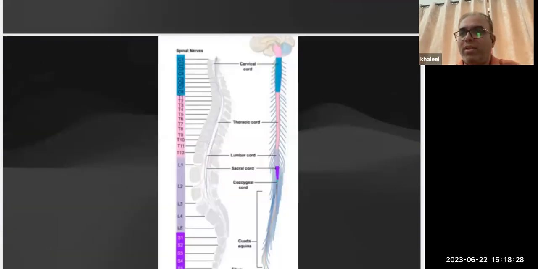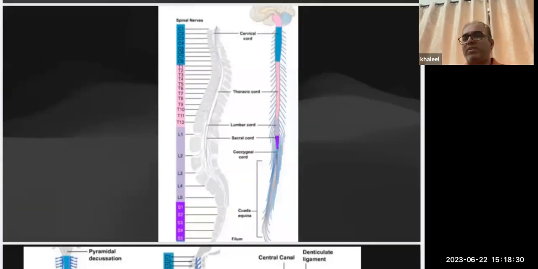When we number these spinal nerves, the first spinal nerve comes above C1, between C1 and the occiput. So we number them as above the vertebra. Likewise, for example, the C3 nerve is between C2 and C3, coming above the C3 vertebra.